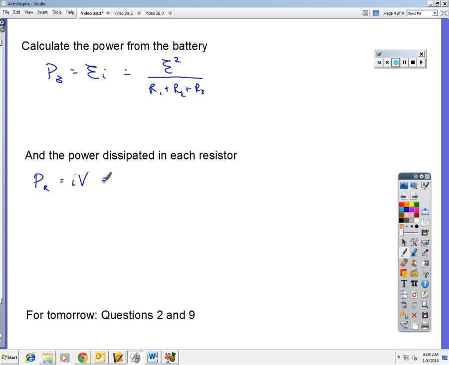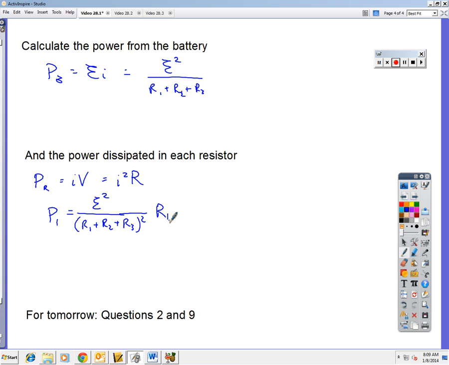But a better thing to do is use the equivalent expression I squared R. And for the power through resistor 1, I squared is EMF squared divided by (R1 plus R2 plus R3) all squared, times R1. And similarly for resistor 2 and resistor 3.